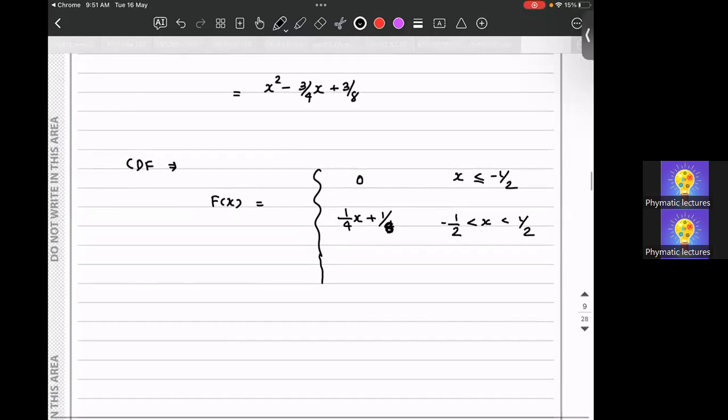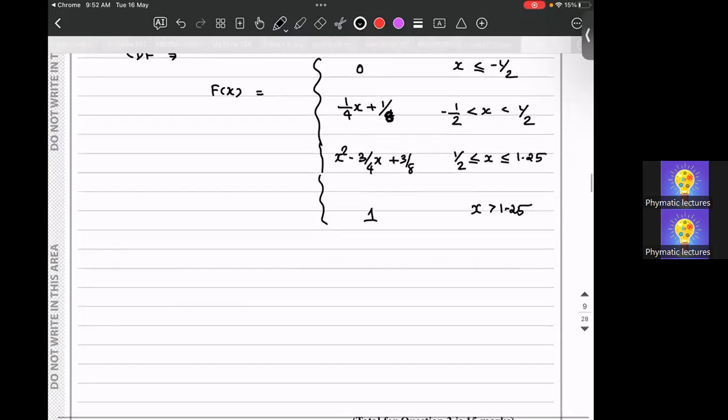Then it is x square minus 3 by 4x plus 3 by 8 in between 1 by 2 to 1.25. And next it is 1 when x is greater than 1.25. This is the cumulative distribution function.